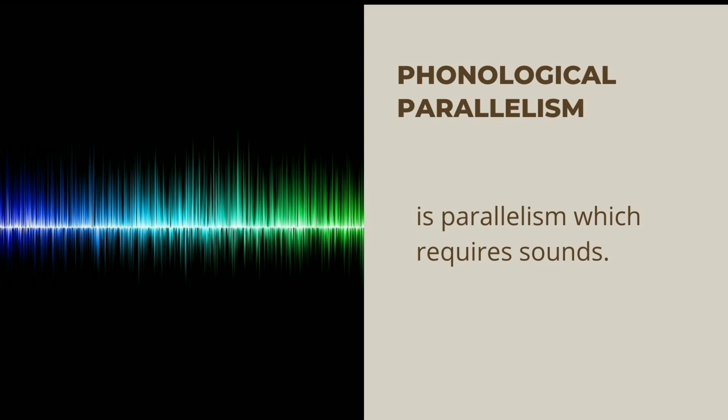The most common type of phonological parallelism in English literature requires coherent clumps of sound, such as the end or the beginning of a syllable, and is exemplified by rhyme and alliteration. There is another type of phonological parallelism which is developed systematically in some literary traditions.